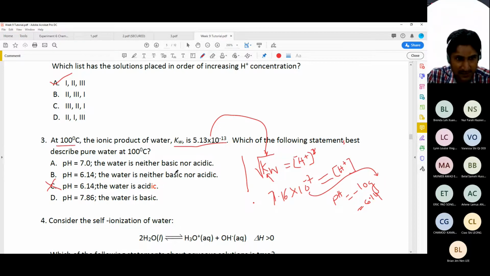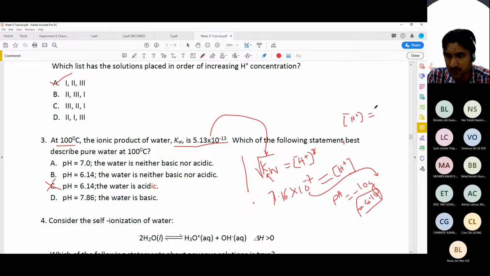At 100 degrees centigrade, water, as I said here, has an equal amount of hydrogen and hydroxyl ion, and that is why I removed the hydroxyl and took the squared value. It does not matter that water has a pH of 6.14 at this temperature, it still has an equal amount of hydrogen and hydroxyl ion.